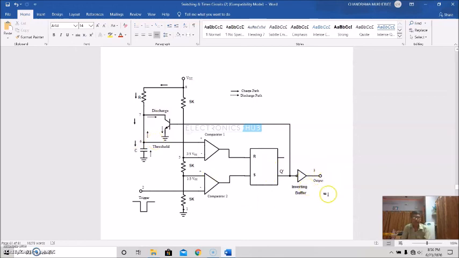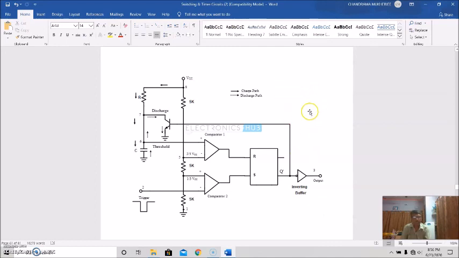So actually, this multivibrator is monostable or a one-shot generator, because it can stay in one stable state at a time, and unless and until the next trigger pulse is provided, it will not come back.